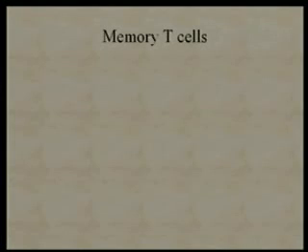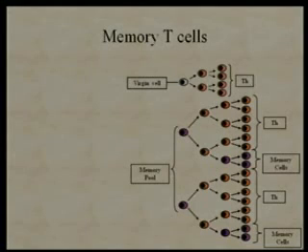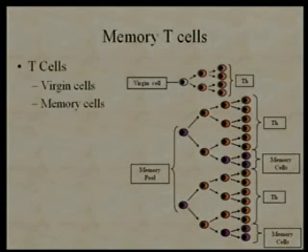Now, we said that this was a T-dependent antigen, so I do want to just talk a little bit about the T cells, and I'm just showing you what's happening after a secondary exposure to the T cells. The same story that I just said for B cells also happens to T cells. And you get, after the primary exposure, some of the T cells are reserved as in a memory cell pool.